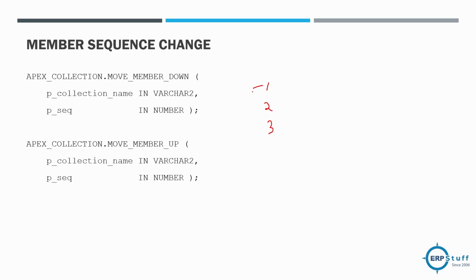You want to move it down somewhere here, or you want to move it up. These are the two API procedures you can use, right? Collection name and then sequence. This will move member down, and then this is move member up. That's it.